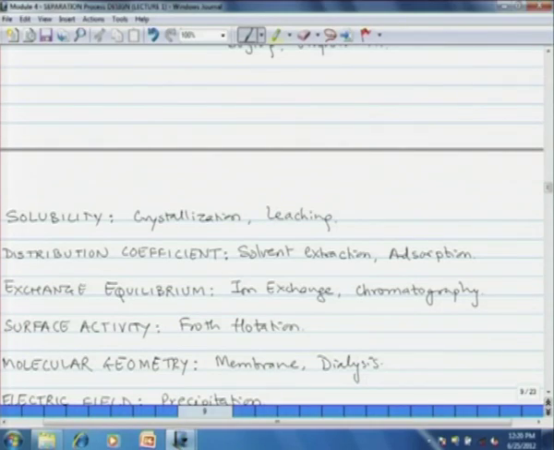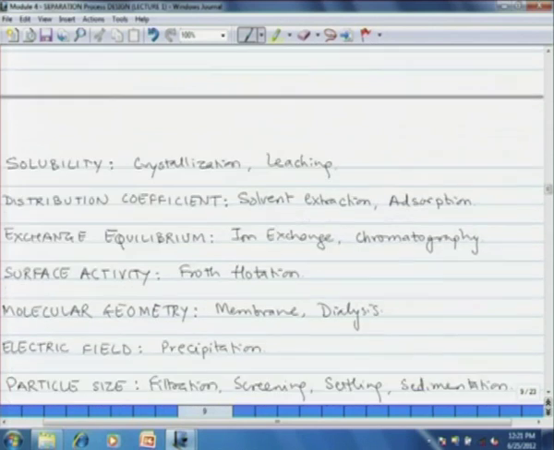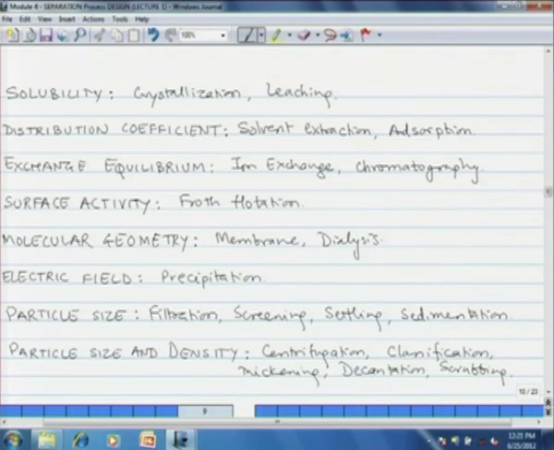So, the distribution coefficient or partitioning coefficient is the basis for design of solvent extraction and adsorption. Then the exchange equilibrium. This is a property for ion exchange resin or chromatography.